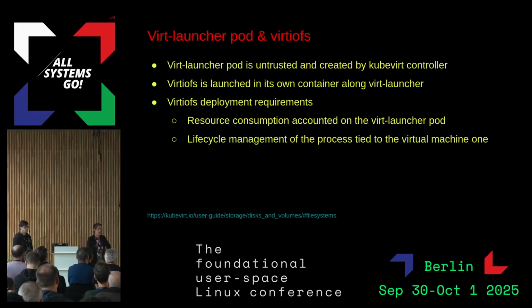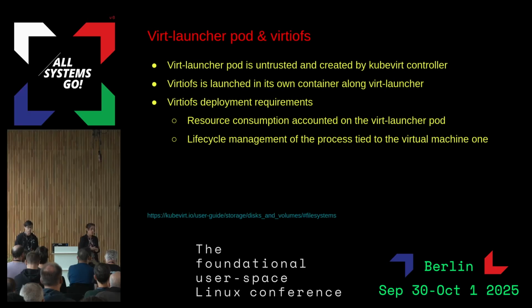A couple of principles and goals that we want to follow while we deploy virtiofs in virt-launcher. First of all, the virt-launcher pod is not trusted, and it's created by the KubeVirt controller. So basically, we consider the guest as an untrusted workload. virtiofs is launched alongside the main container in the virt-launcher pod, and it's deployed in its own container, so its own namespace and cgroup.